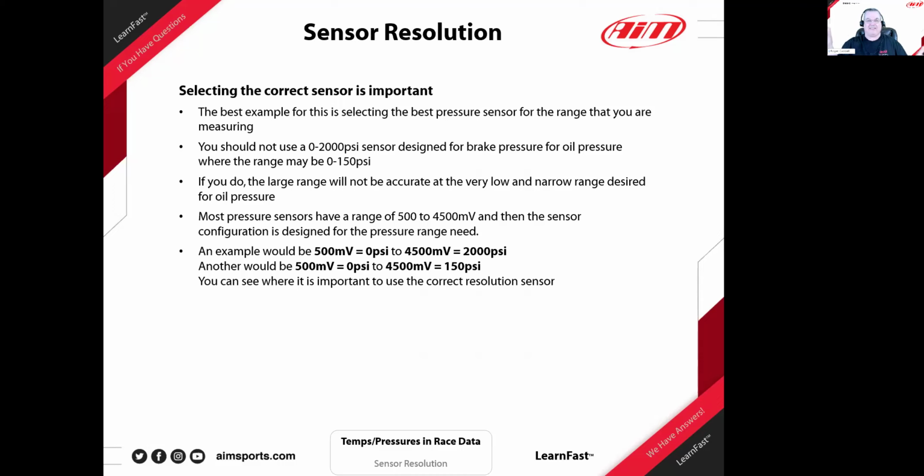You're never going to get that with the resolution of a 0 to 2000 sensor. So when you're going through the list, don't just pick the first sensor you see and order it and install it, but pick one that's within the range. That's very important.